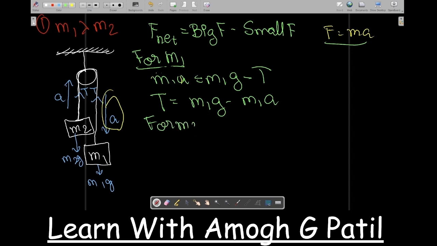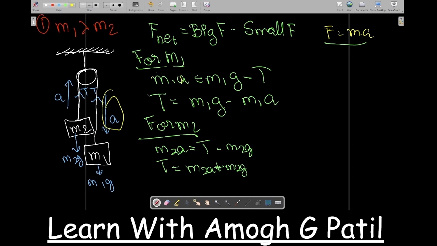Okay, so for M2, it will be M2a is equal to T minus M2g. So then we get T is equal to M2a plus M2g.